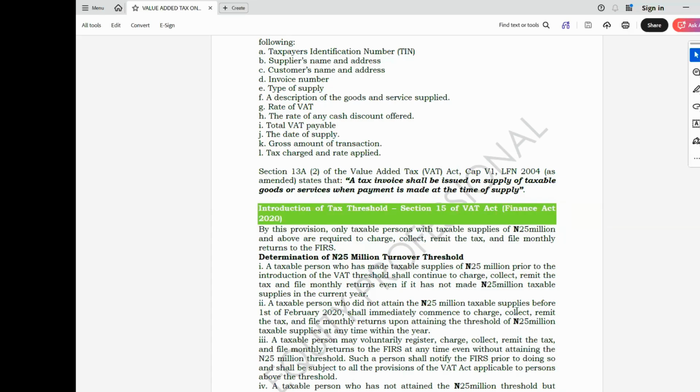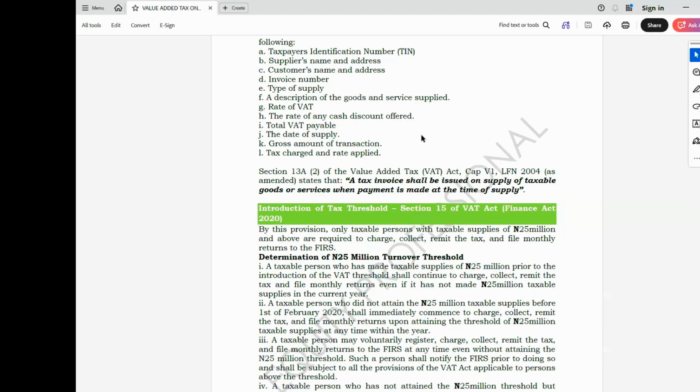To know whether you are going to be under the threshold, if as at the time this law came in, which is from the Finance Act 2020, your taxable supply had already exceeded 25 million in 2019, last year, before this 2020 Finance Act, by the time you look at all your taxable supply from January to December, you have already exceeded.